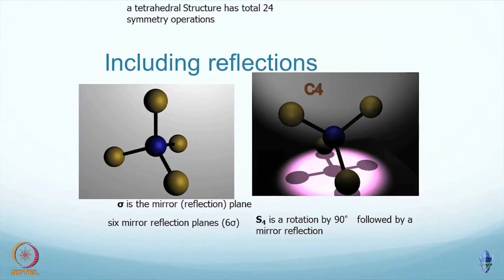There are 6 mirror planes. I will leave it to you to check these things. I had this animation which was supposed to show you that. Here in rotoreflection, first you do a rotation, it does not go to the configuration, but you have to do a reflection on this plane and then it goes into the configuration. So, it is very beautiful.